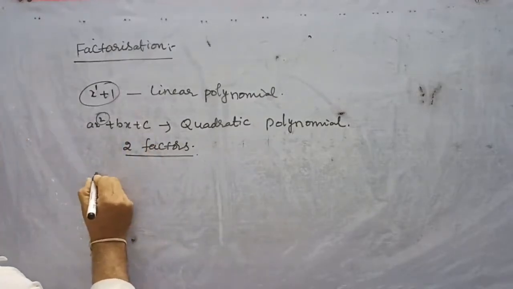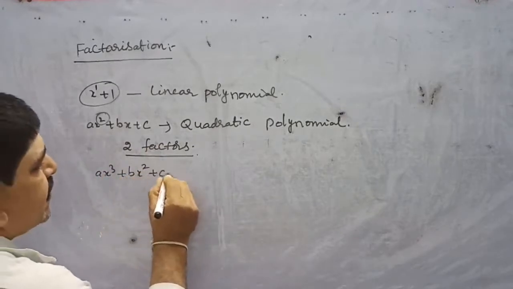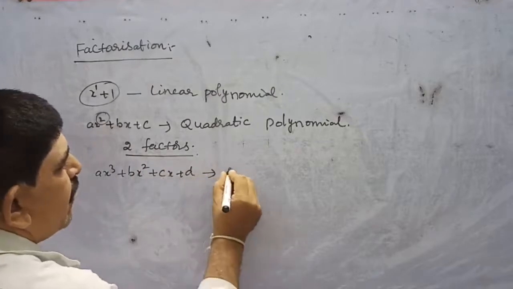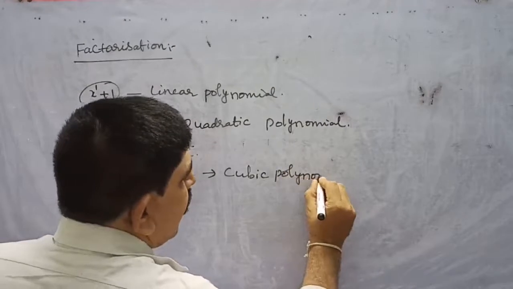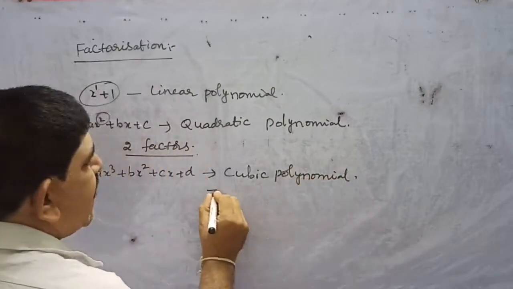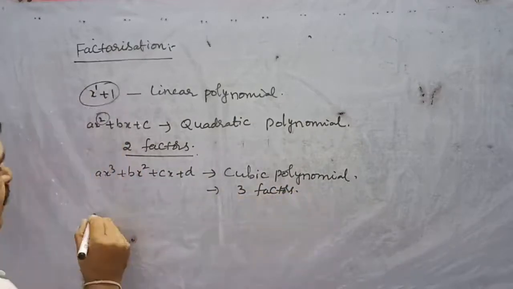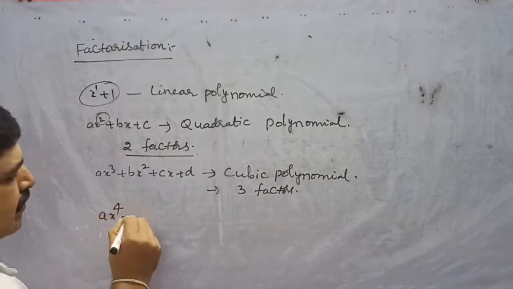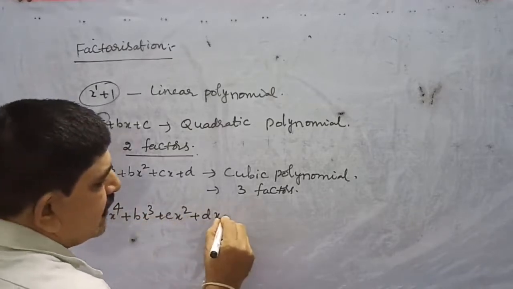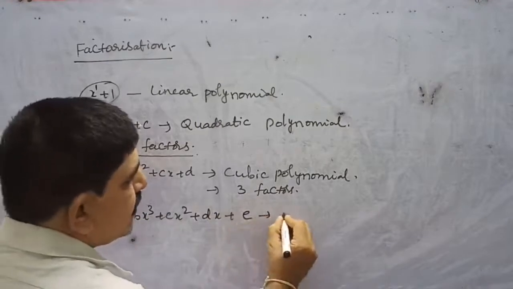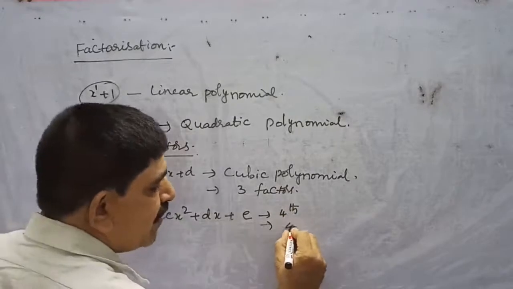Next, ax cube plus bx square plus cx plus d. It is a cubic polynomial. The number of factors is 3. Suppose ax to the power of 4 plus bx cube plus cx square plus dx plus e is a 4th order polynomial. The number of factors is 4.